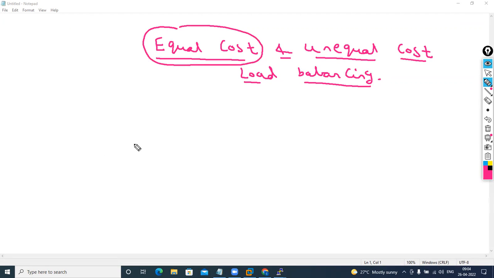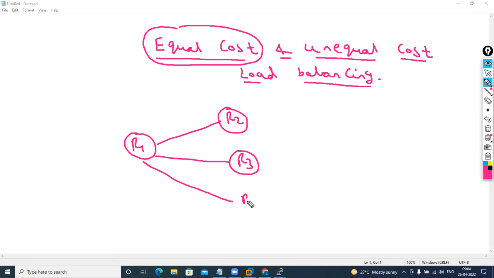So let us consider we have R1, we have R2, we have R3, and we have R4. So this is the topology we'll be designing. So we have R5.